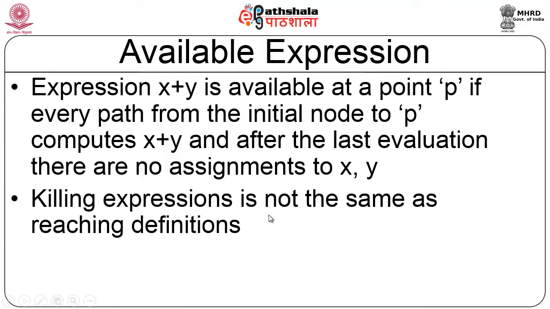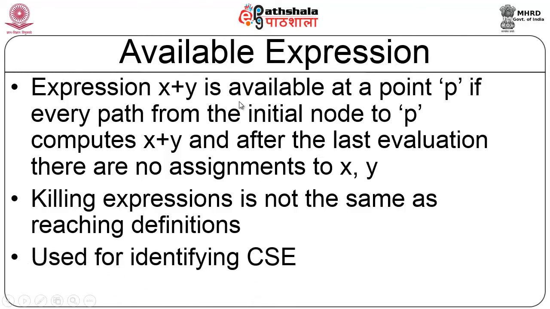Killing expressions is not the same as reaching definitions, because reaching definitions will definitely reach a particular point, whereas in this process, if a particular variable's value could change, that would affect the expression's value. So, therefore, you cannot treat these two as a similar situation.